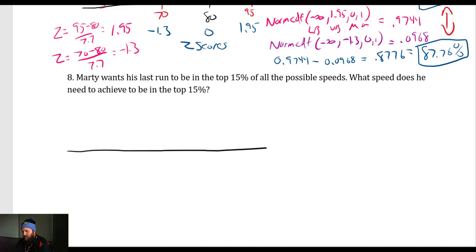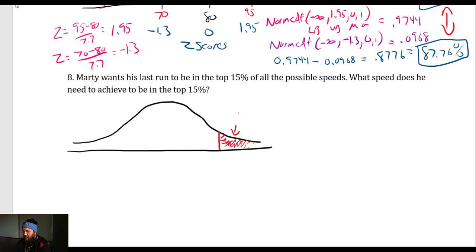So we're going to draw it out. He wants the area under the curve at the top to be 15%.